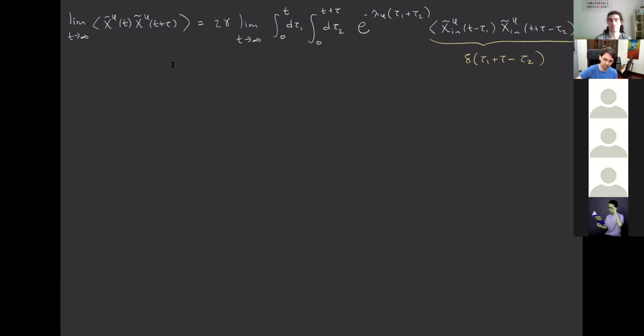So then, of course, in principle, you would tell me, oh, this is trivial, right? Because I have a double integration in tau 1 and tau 2, but I have a delta function of tau 1, tau 2 that tells me that tau 2 is equal to tau 1 plus tau. And then I can remove one integration and just do the integration in tau 1, setting tau 2 equal to tau 1 plus tau.